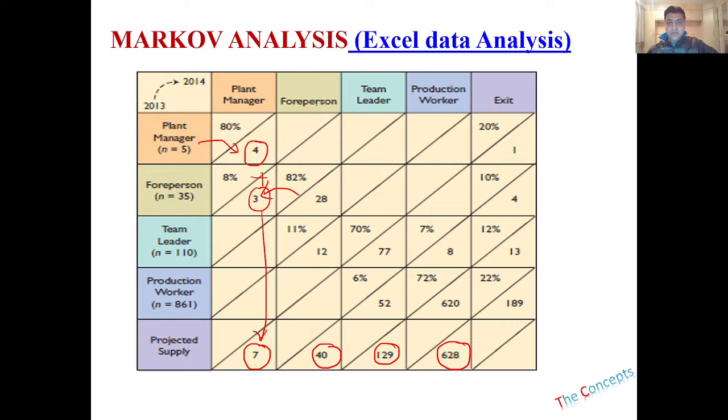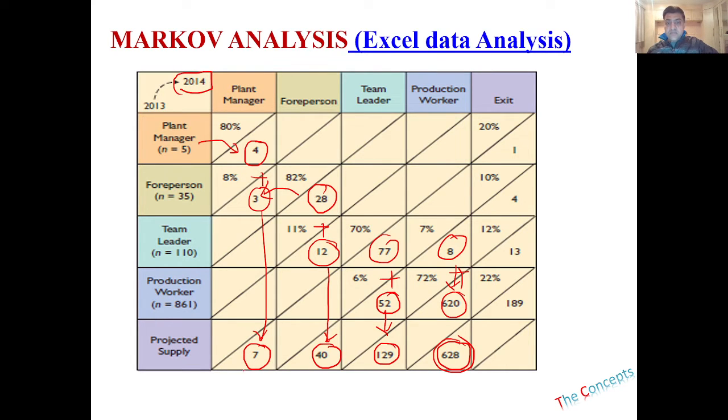Then for the foreperson supply, you already have 28, plus the 12 people who will be promoted from team leader to foreperson. So total you have 40 people. Same goes for the team leader, 77 plus 52 is 129, and then 8 plus 620 is 628. So this is how you get the supply of your people in the next year or next years.